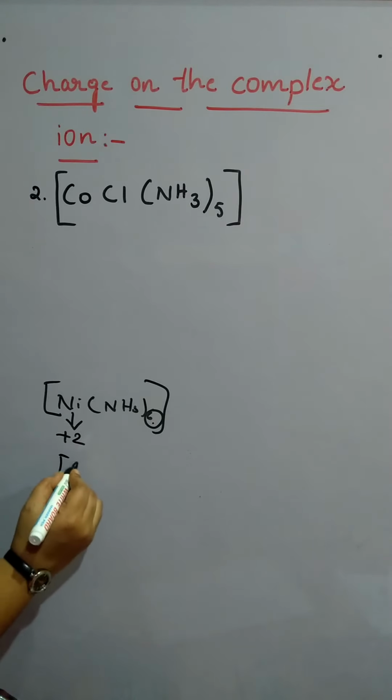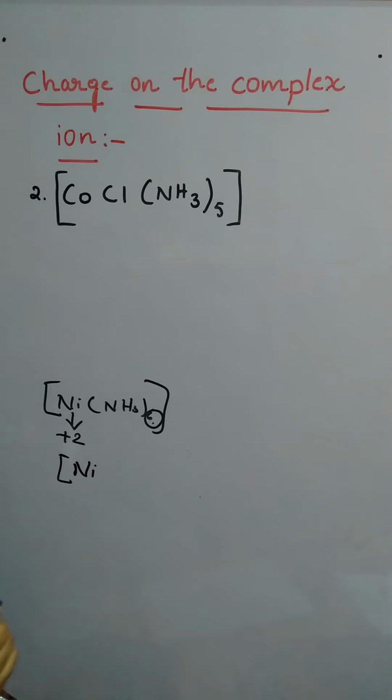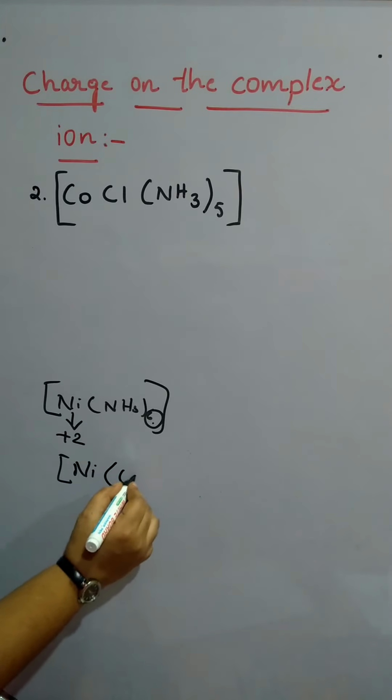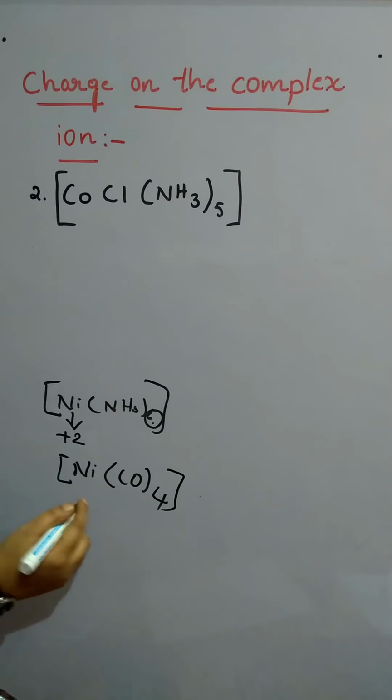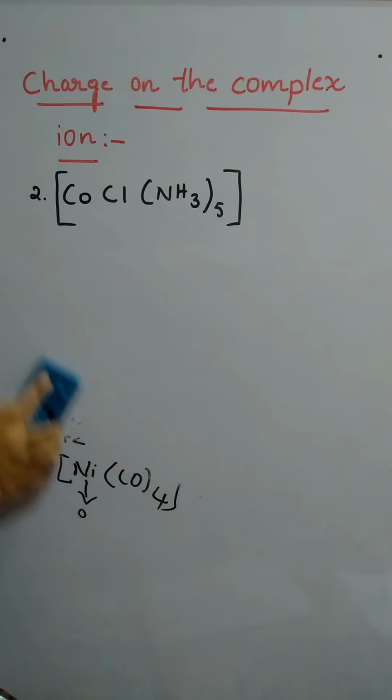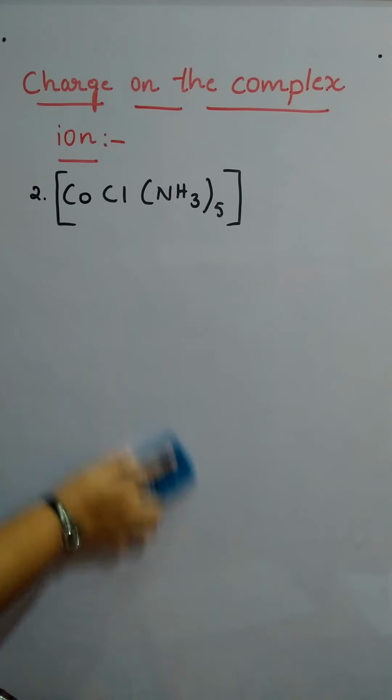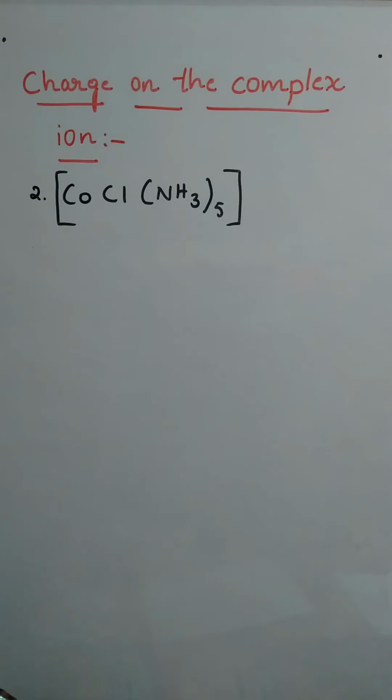Likewise, if nickel has coordination number 4, then it will be in the oxidation state 0. You need not worry. As you become familiar with coordination compounds, you will be able to identify the oxidation state or the charge on the metal atom easily.